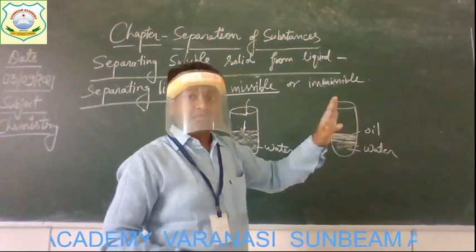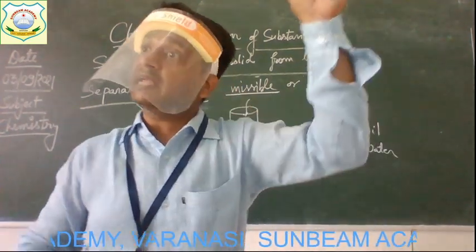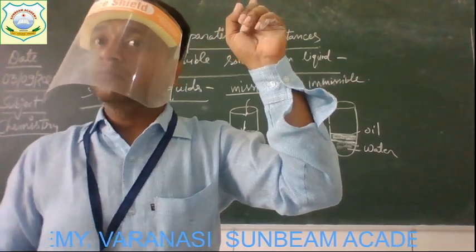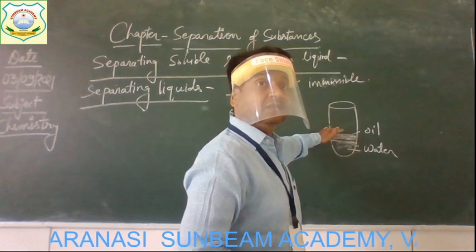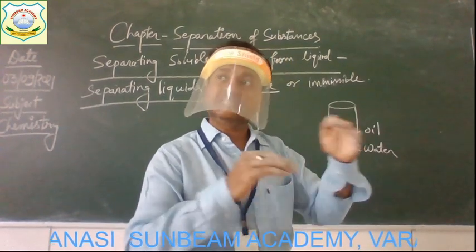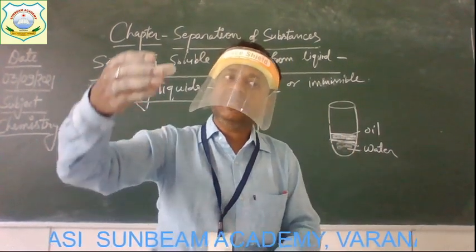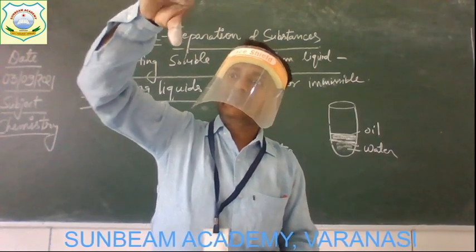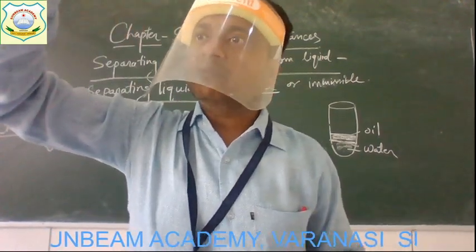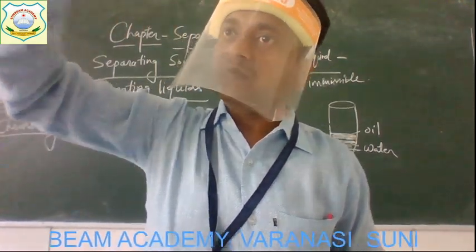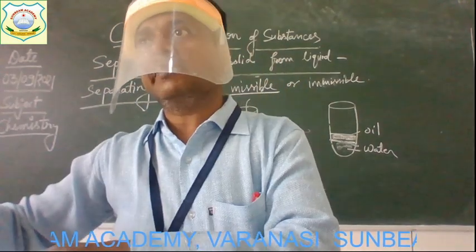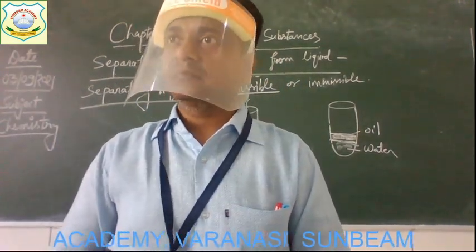For separating we can use a very simple method of decantation. Remember that. We will keep the glass undisturbed for some time. Now hold it very carefully and tilt it. While tilting, oil will get separated and water will remain in the same glass.